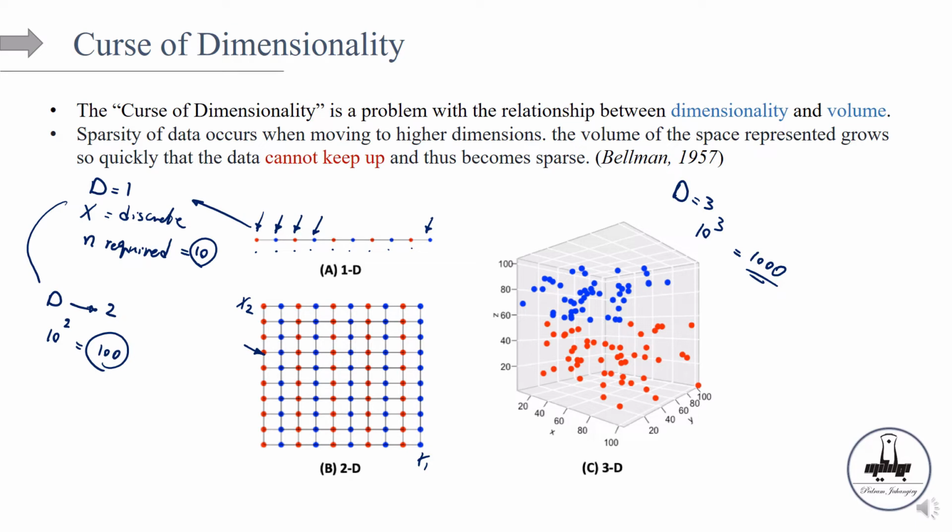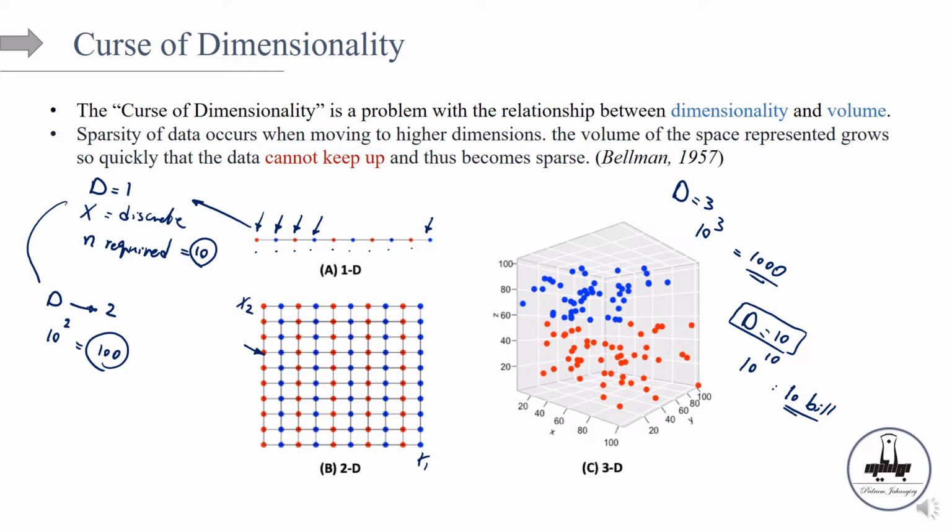Then you can imagine, what if dimension is only 10? This is a very small number for machine learning models in general. If you only have 10 features, you're going to need 10 to the power of 10, or 10 billion observations, to basically span the entire feature space.